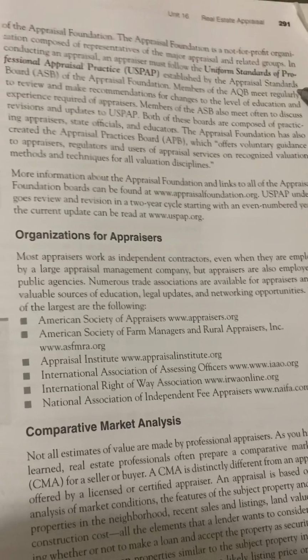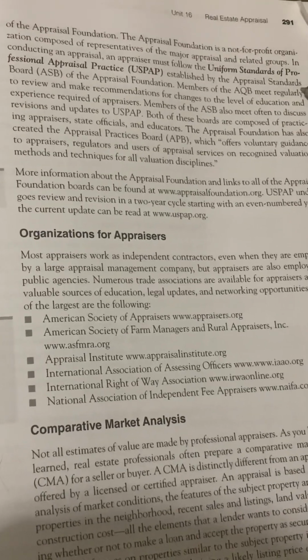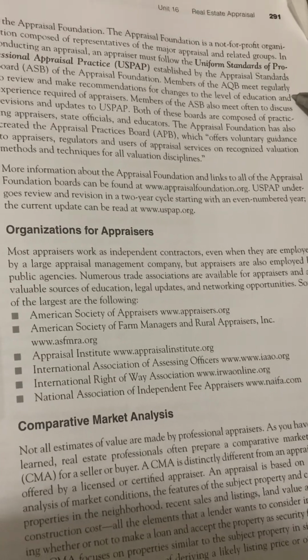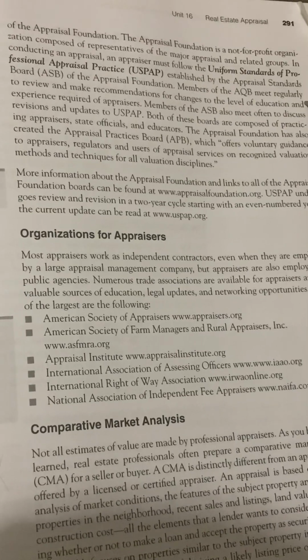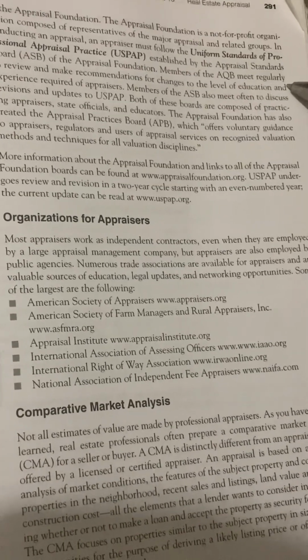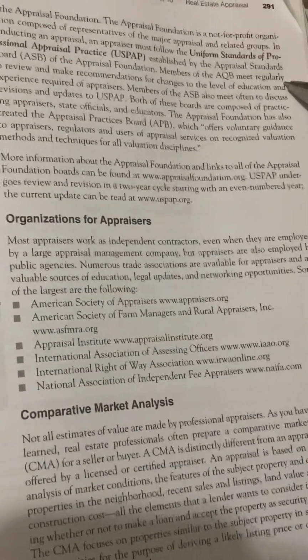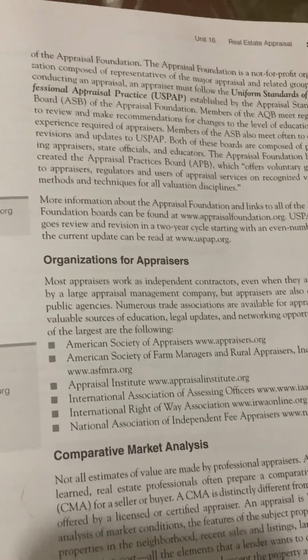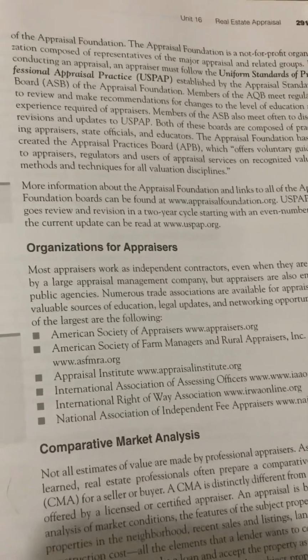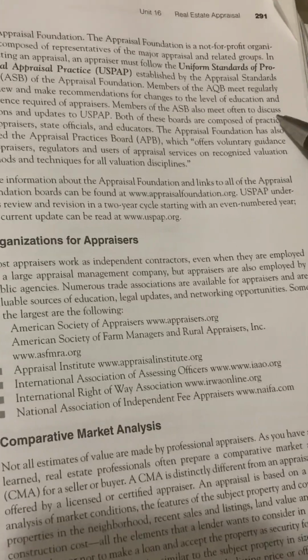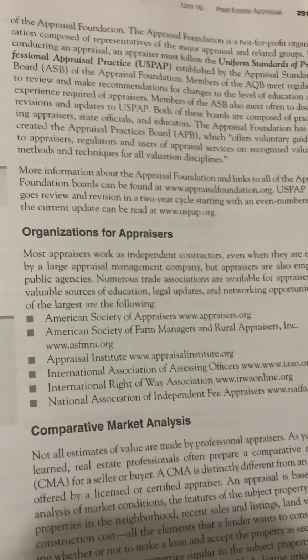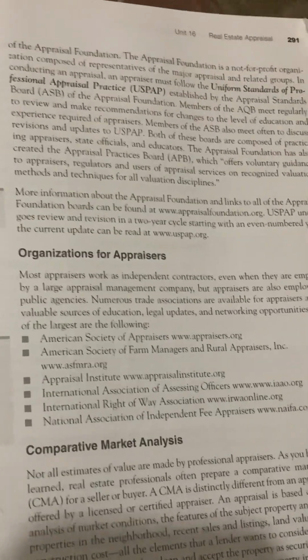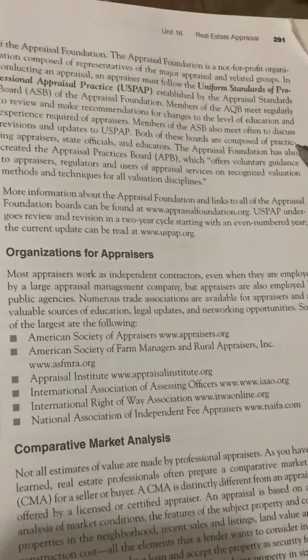Members of the AQB meet regularly to review and make recommendations for changes to the level of education and experience required of appraisers. Members of the ASB also meet often to discuss revisions and updates to USPAP. Both of these boards are composed of practicing appraisers, state officials, and educators.